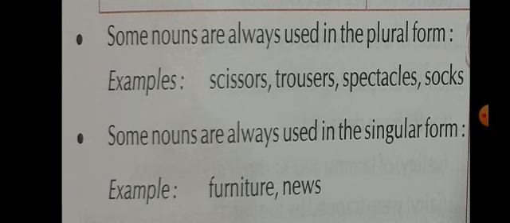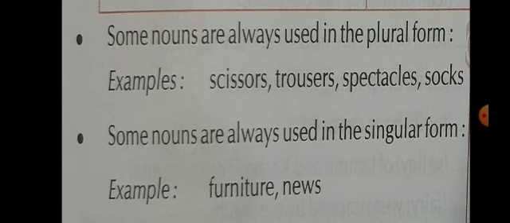And scissors have two parts that cut things. Trousers are pants. We have two legs, that's why we wear trousers. We have two eyes, that's why we wear spectacles. We have two feet, that's why we wear two socks. That's why we never call a sock; we say these are socks.